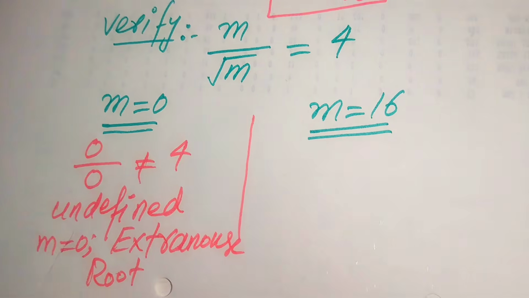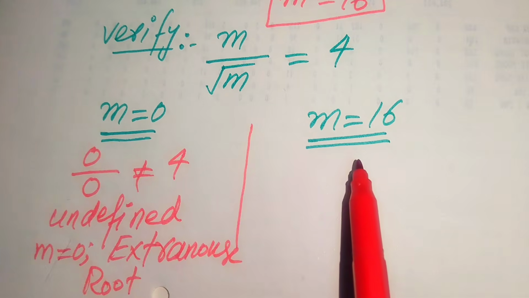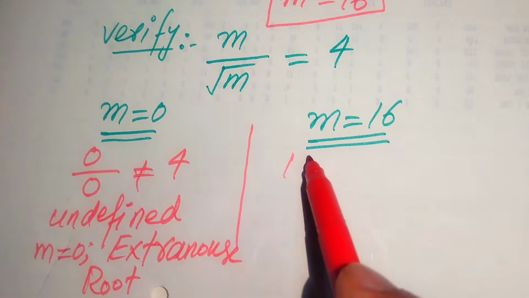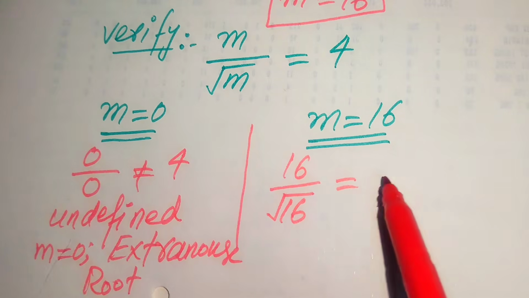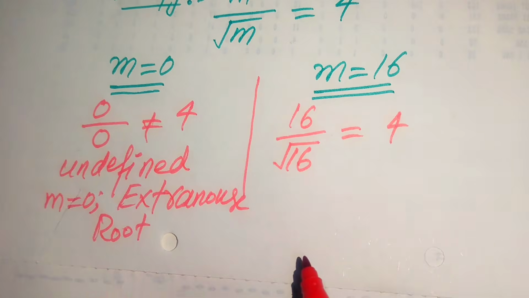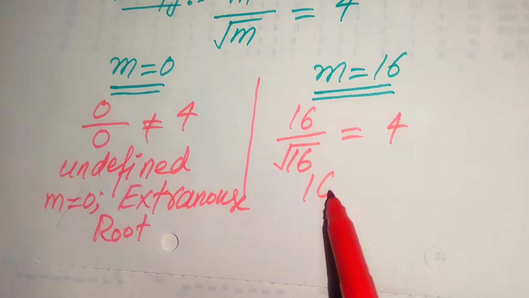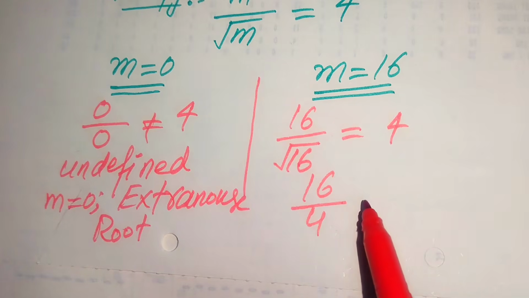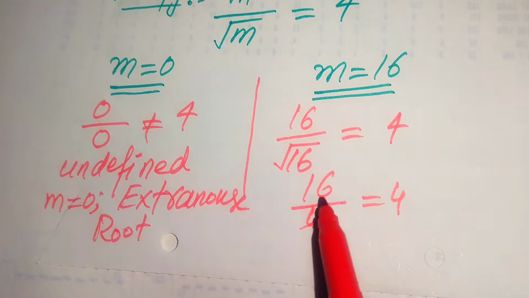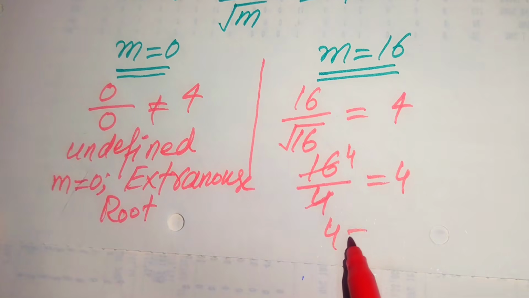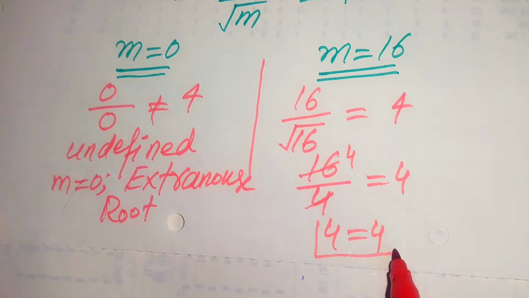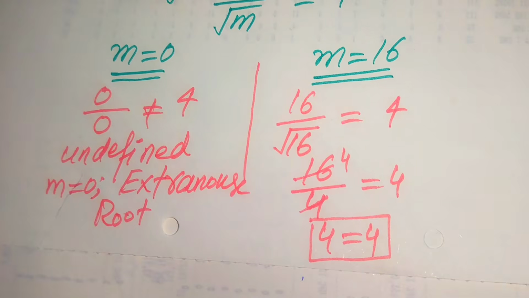Now in the same pattern we verify the second value of m, and we substitute m is equal to 16, and it is written as 16 divided by square root of 16 is equal to 4. Here we know that square root of 16 becomes 4, and 4 cancels out, and we easily show that 4 is equal to 4.